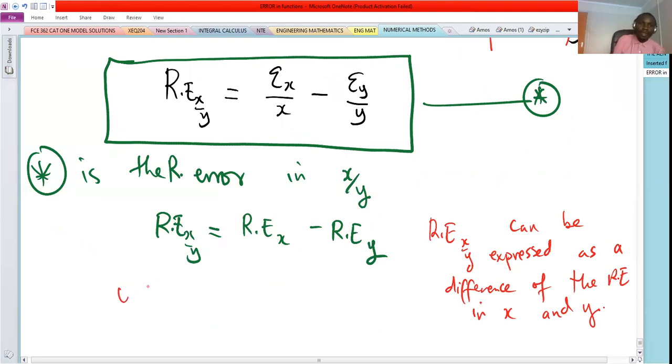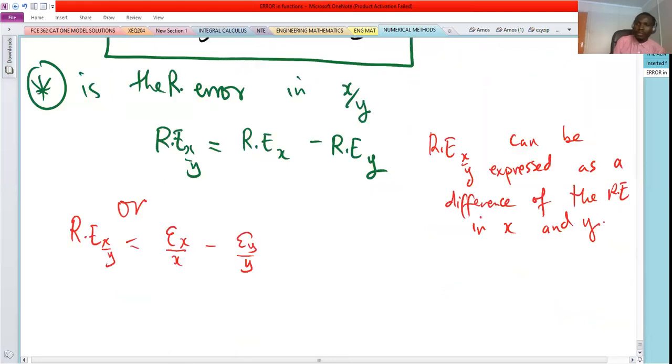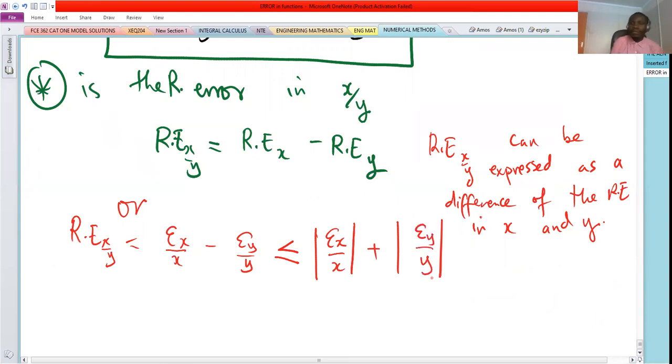Now to define the relative error in x and y as given in the box, error in x over x minus error in y over y, it tells you that this value is less than or equal to absolute value of error in x over x plus absolute value of error in y over y.